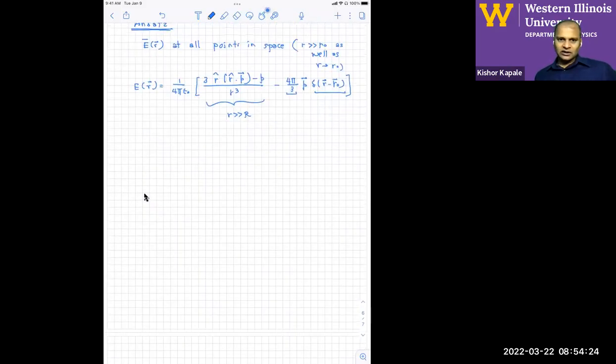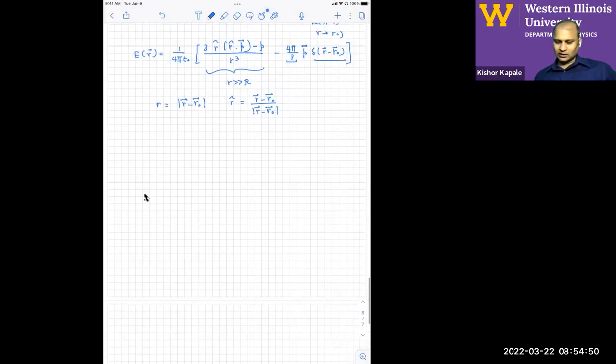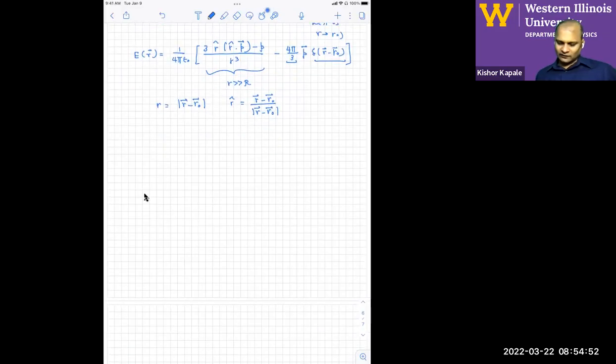Okay, so remember, we took a little shortcut here in writing the expression. R is actually r minus r0. R hat, a vector cannot be a scalar, right? So we just write down the scalar quantity, and r hat is going to be the vector r minus r0 divided by its magnitude, right? So nothing new.